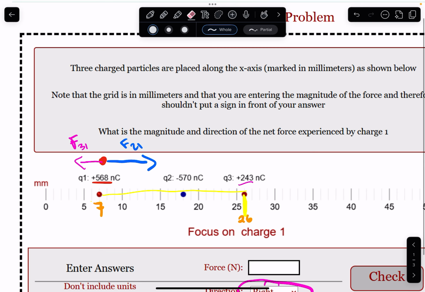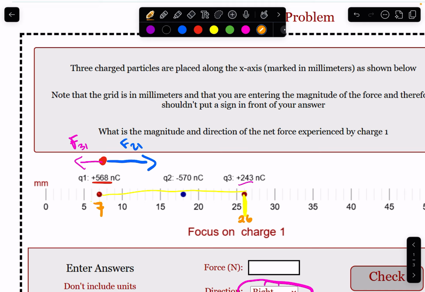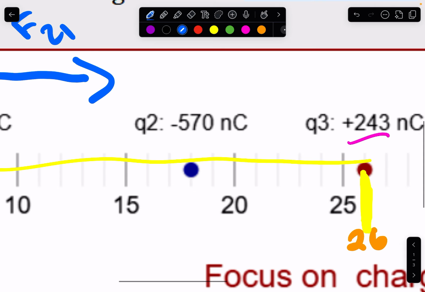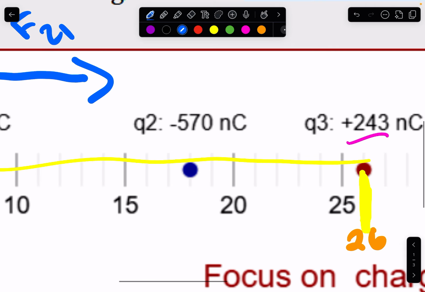All right, so then I can determine the difference between those two in order to get my r value. And it's the same thing when I'm looking at F2. If I zoom in, I'm at 15, 16, 17, 18. That's at 18 millimeters.